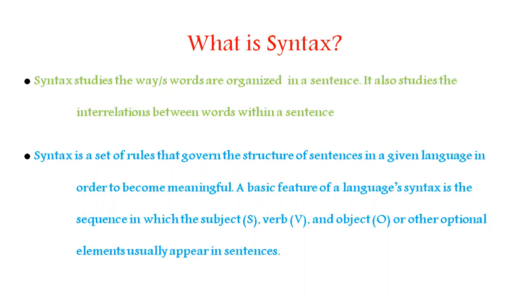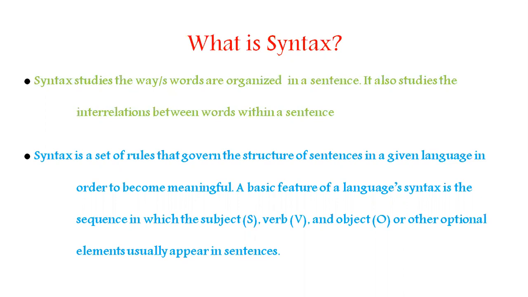If you take the example of Marathi and any other language for that matter, you will realize that in Marathi we have the order of words like subject, object, and verb, whereas in English we have the organization subject, verb, and object.